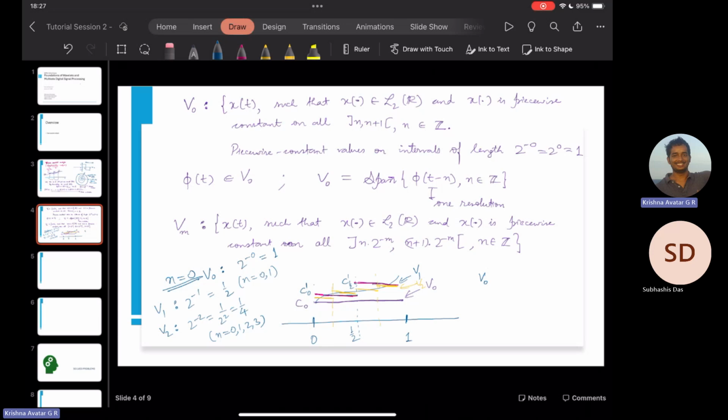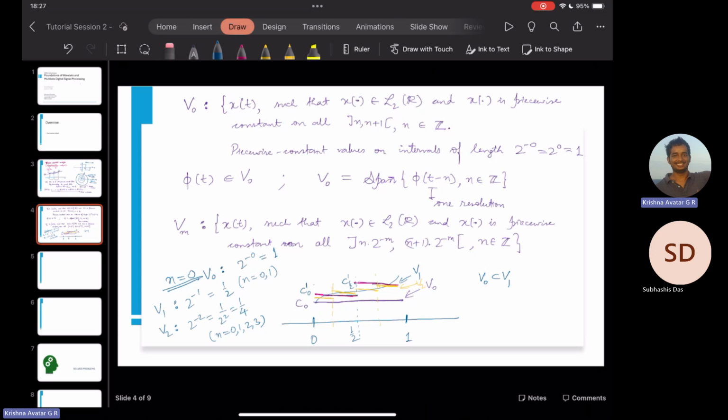So which means that you can approximate V naught using V1, so V naught is a subset of V1. And likewise, you can represent V1 using wavelets derived from V2. All you have to do is bring these yellow bars closer, and then you can approximate it.